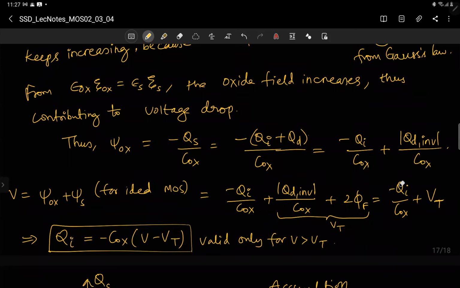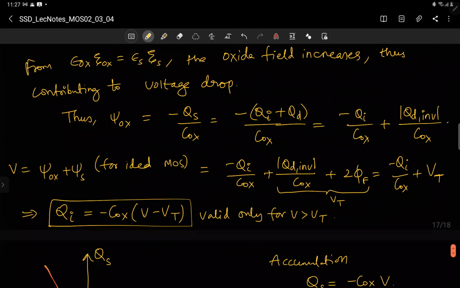So I have minus QI by Cox plus VT. If you want an expression for QI as a function of voltage, you get QI as minus Cox times V minus VT, because you just get QI in terms of the left-hand side V and the right-hand term VT. So minus QI is nothing but Cox times V minus VT. VT goes this side and you have an expression for QI.